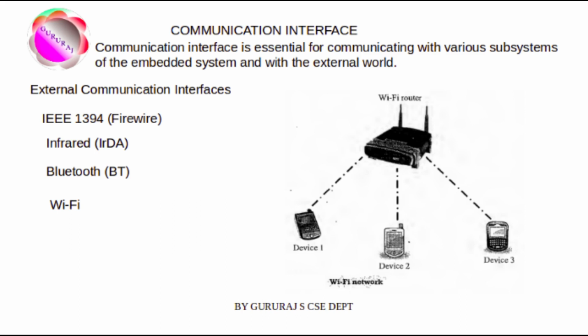The range can be increased by increasing the transmitting power of the IR device. The IR supports data rate ranging from 9600 bps to 16 Mbps. Depending on the speed of data transmission, IR is classified into serial IR, medium IR, fast IR, very fast IR, and ultra fast IR.